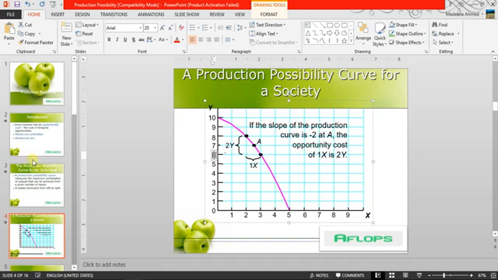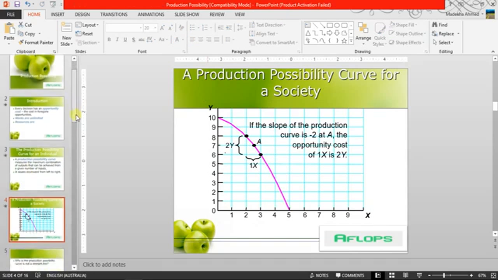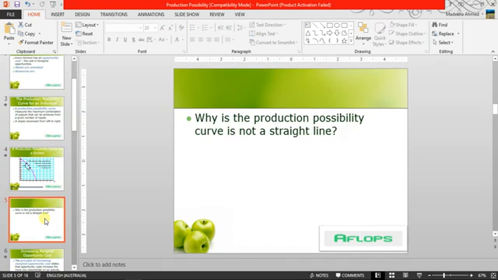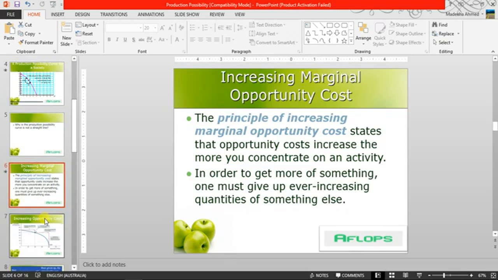A question that might arise in your mind at this point is, why is the production possibility curve not a straight line? This is because the concept of the production possibility curve is based on the principle of increasing marginal opportunity cost. This states that the opportunity cost increases the more you concentrate on a particular activity.